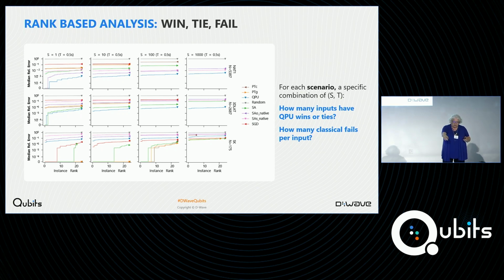We also looked, if you look on the right side, especially in the upper corner, a lot of the lines are missing. That's because these solvers couldn't return, for example, 1,000 results within a half a second. That's a half a second divided by 1,000 per result, and for simulated annealing, for example, that's just too much to expect.